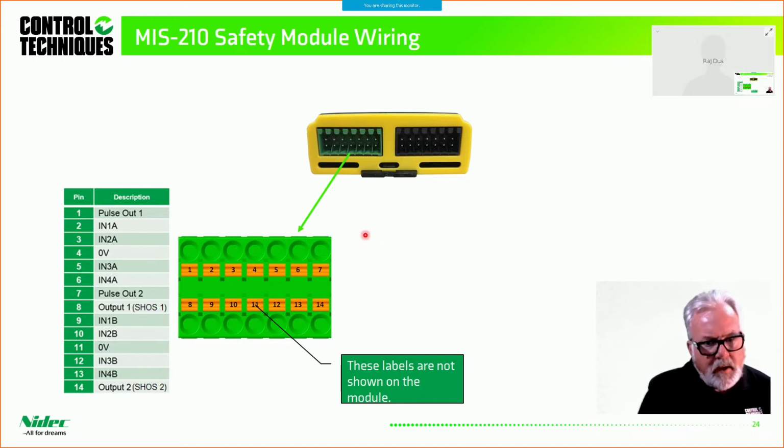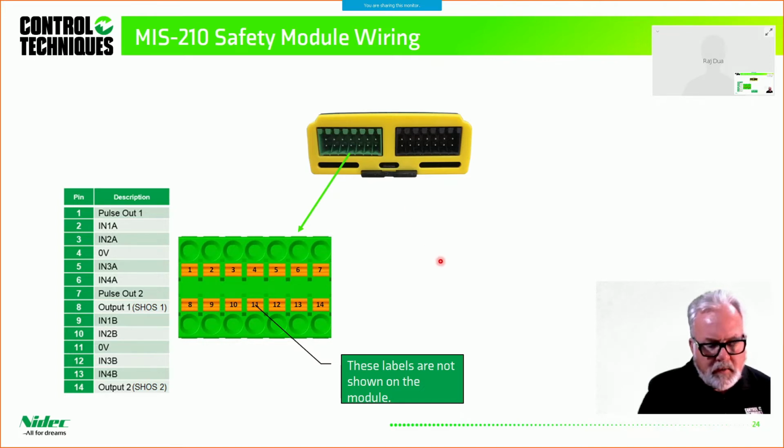So the orientation of the module is very important. In this case, I'm showing you the orientation for an M700. So it's mounted vertically. So the pin numbers, there's pin 1 through 7 on top, and then 8 through 14 on the bottom.